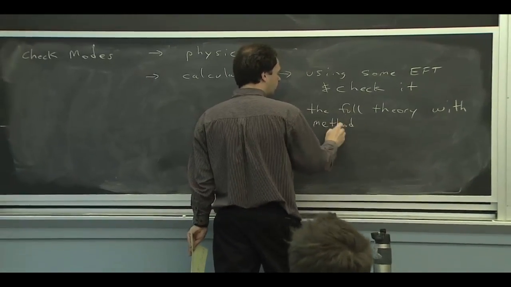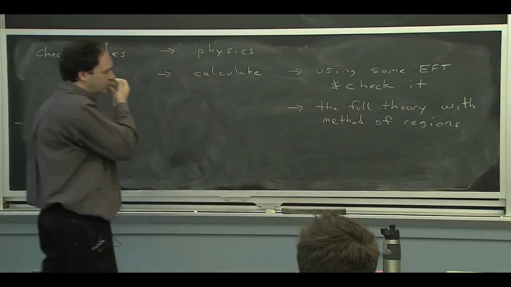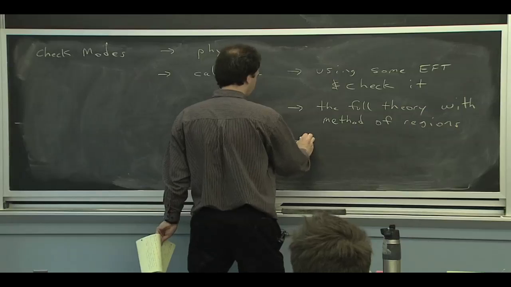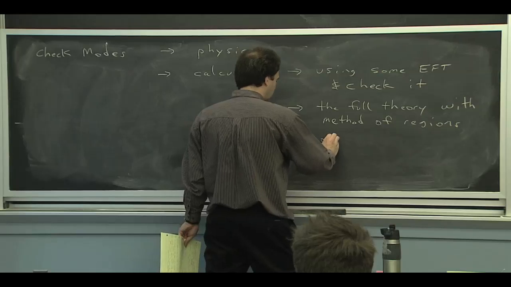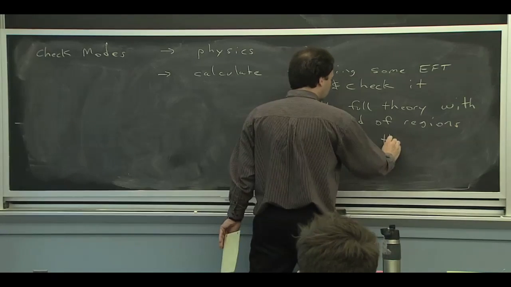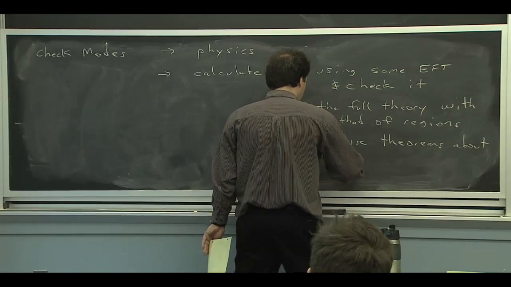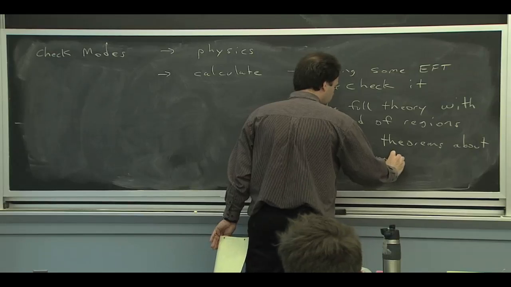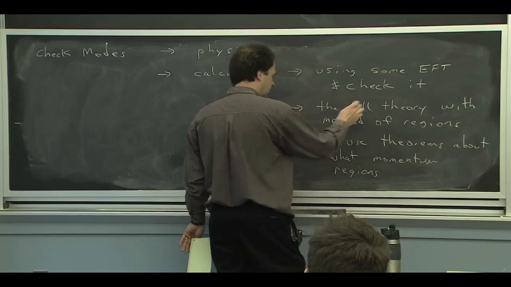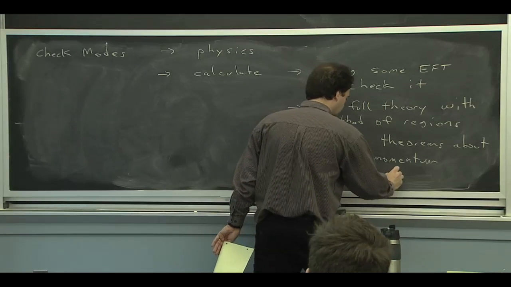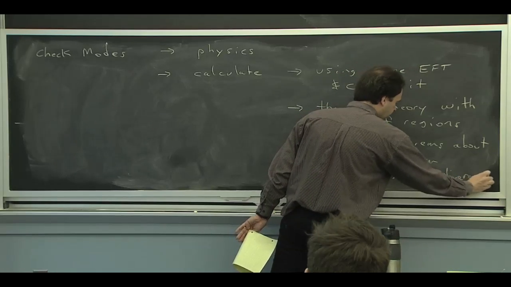That's just a way of calculating the full theory result, but it's a way of telling you what regions are important. There are also all-order theorems in QCD about what regions can give infrared divergences. And that's another thing you can use. And I won't talk about this last one. So these are different ways that you could look for the relevant degrees of freedom.